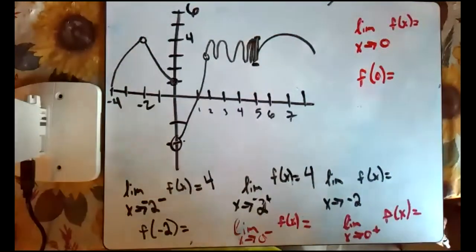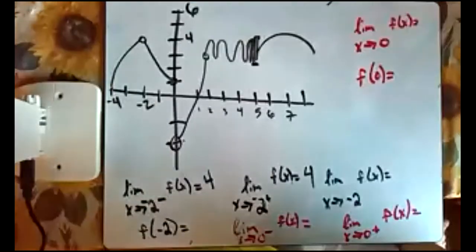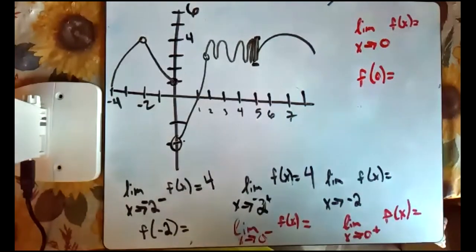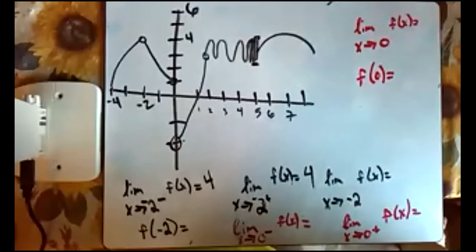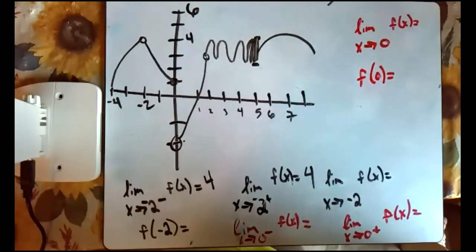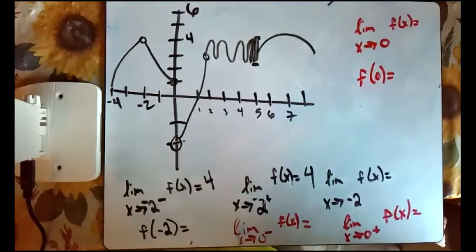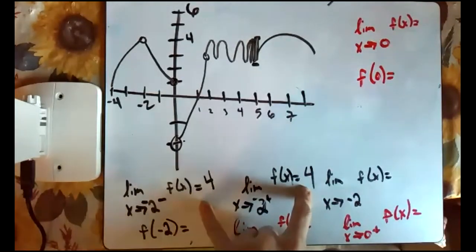Now the next one is saying, what's the limit as x approaches -2? This is not a one-sided limit question. This is asking, does the limit exist at this one particular value? So remember, in order for a limit to exist at one value, it must be equal as you approach it from the left side and the right side. Now in this case, what happened when we approached -2 from the left?